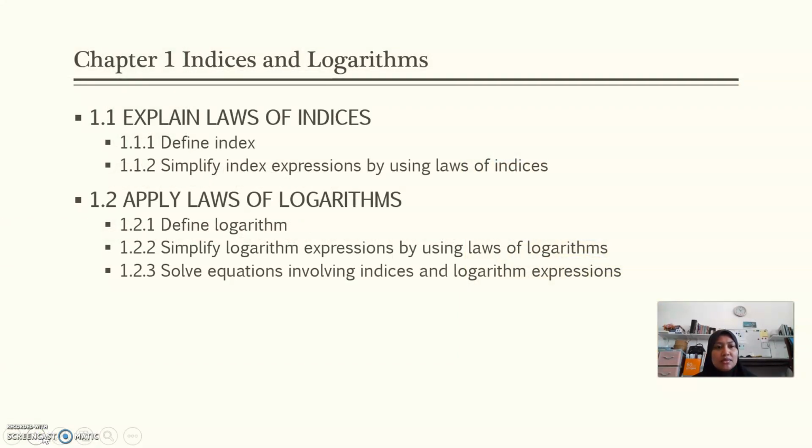In this chapter, you are going to learn to explain the laws of indices and know how to define index. 1.1.2 Simplify index expressions by using laws of indices. 1.2 Apply laws of logarithms. 1.2.1 Define logarithm. 1.2.2 Simplify logarithm expressions by using laws of logarithms.